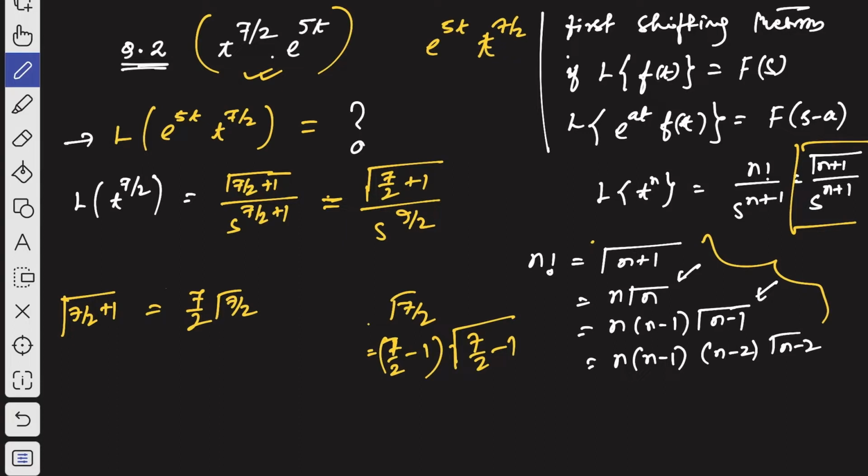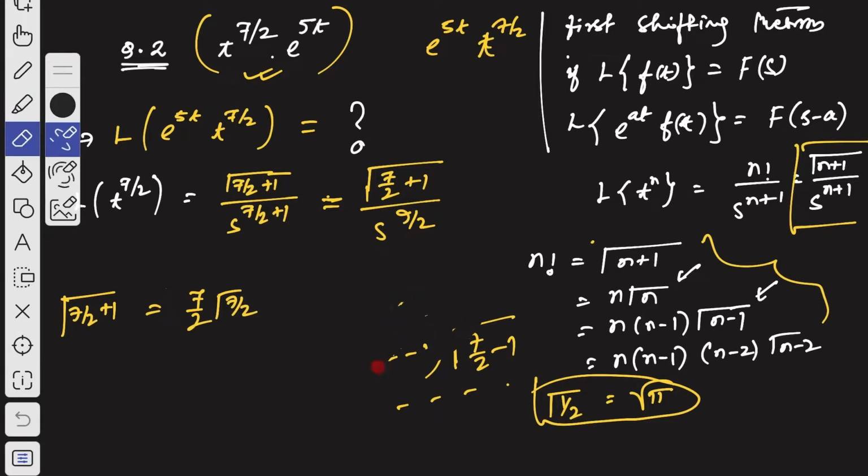We will continue this method until we get gamma function of half at the end, because gamma function of half is root pi. Remember that gamma function of half is root pi. If you do so, then you will get the result; let me erase this.